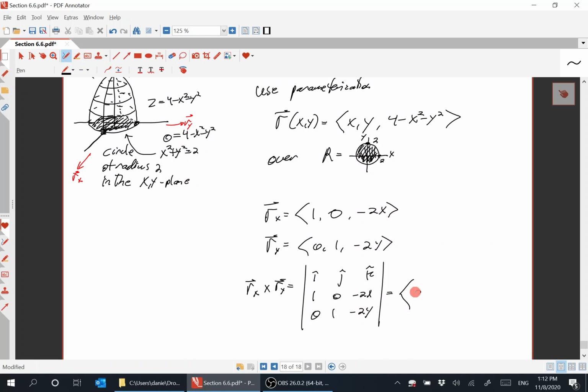So this is equal to <2x, 2y, 1>. All right, so that's Rx cross Ry. That's the cross product that we want, rather than Ry cross Rx, which points down. The only difference between the two, as far as affecting the answer goes, is that it just negates the answer, because it's the same vector, just negated. It would be <minus 2x, minus 2y, minus 1>. And all that's going to do is negate the result.